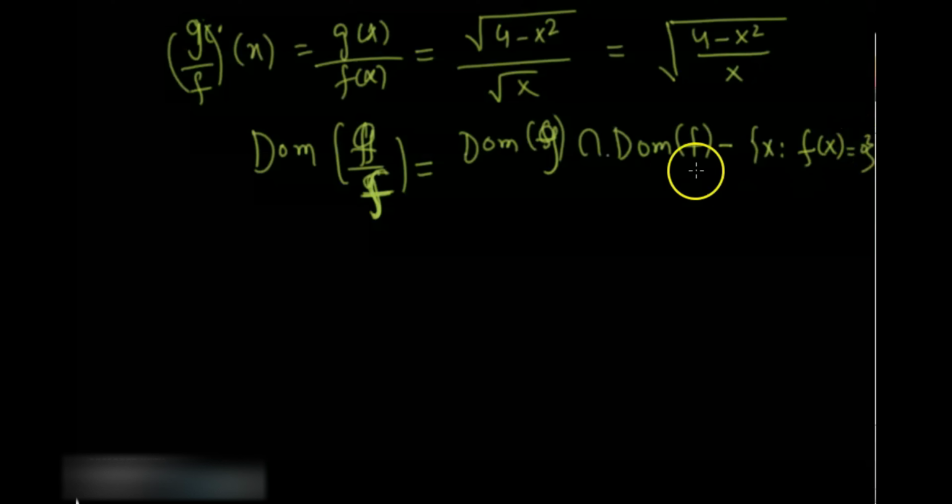Now we have already seen that this intersection is 0 to 2, and we have to subtract those values where f of x is 0, and f of x is 0 at 0. So this 0 will be removed from this set, so you will be left with 0 to 2, not including 0.